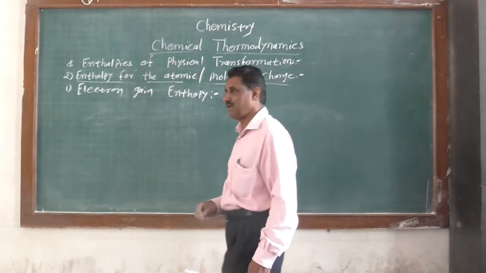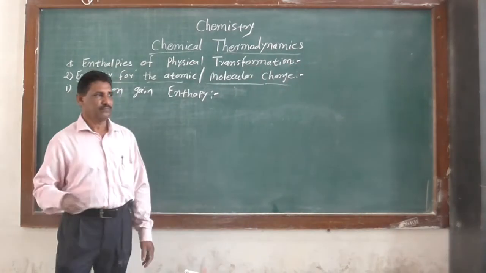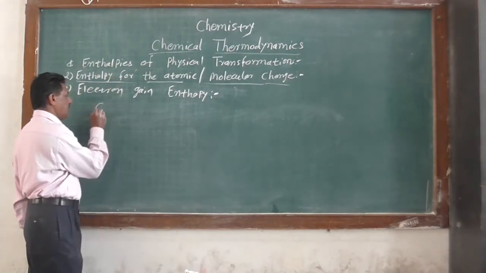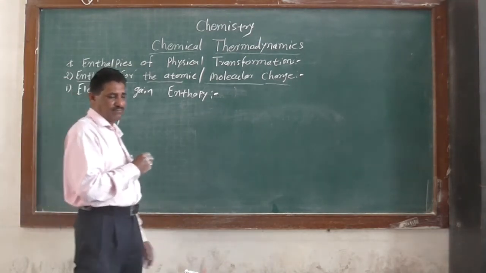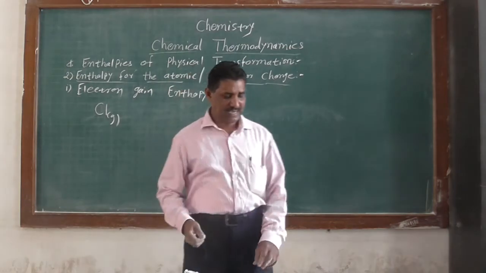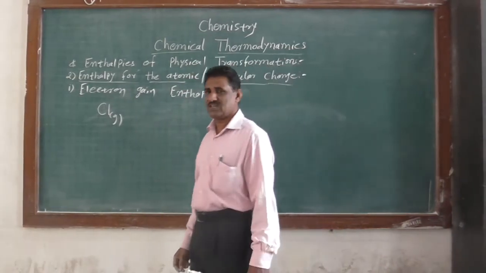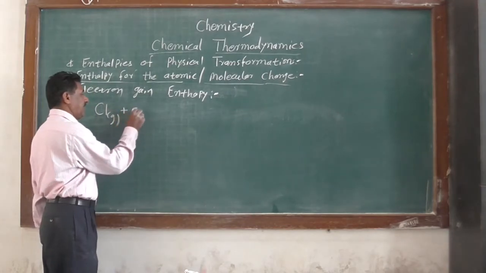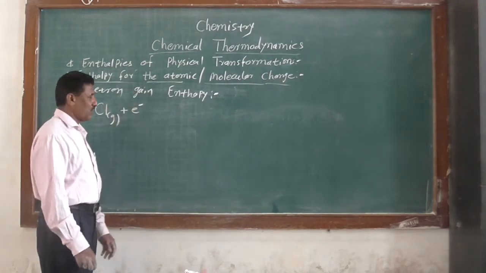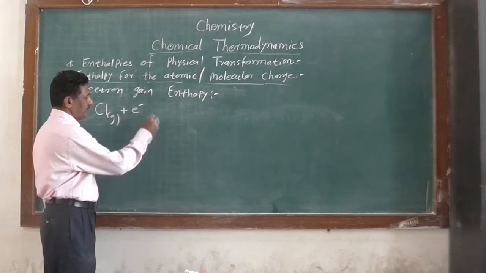Here example, this is the chlorine gas, the gaseous atom of chlorine. This chlorine gas gains one electron from the other element.